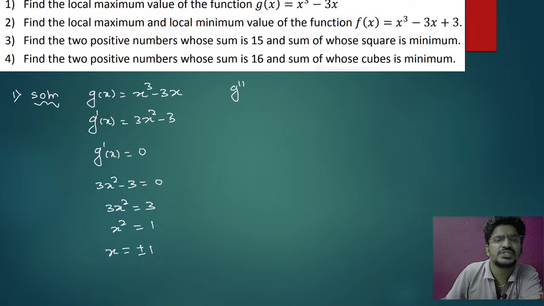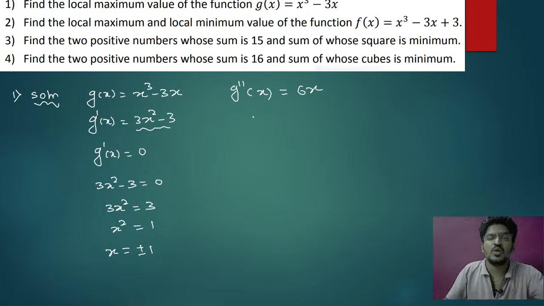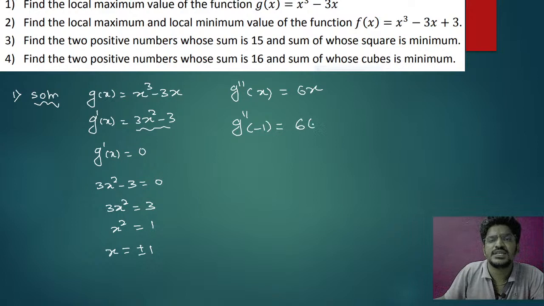What is g dash of x? 3x square minus 3. If I calculate g double dash, you differentiate it again, it will be 6x. Okay. So now I have to check for which value it is lesser than 0, because I want maximum value. If I take x value as minus 1, 6 into minus 1, that is minus 6.